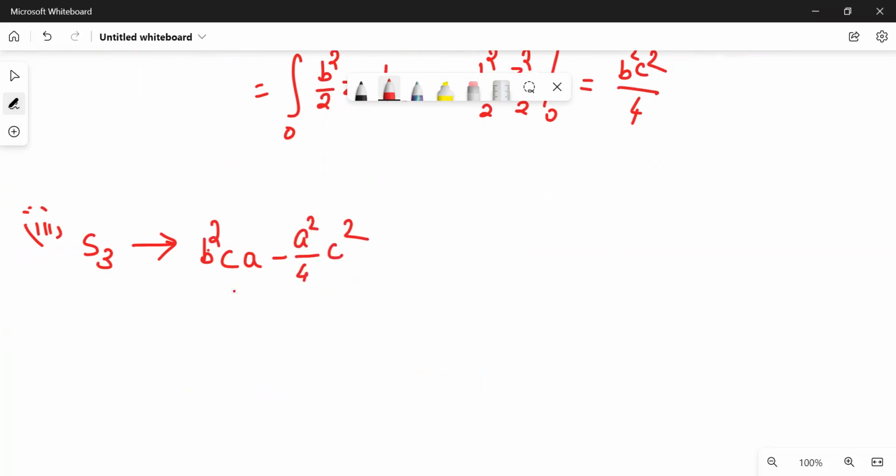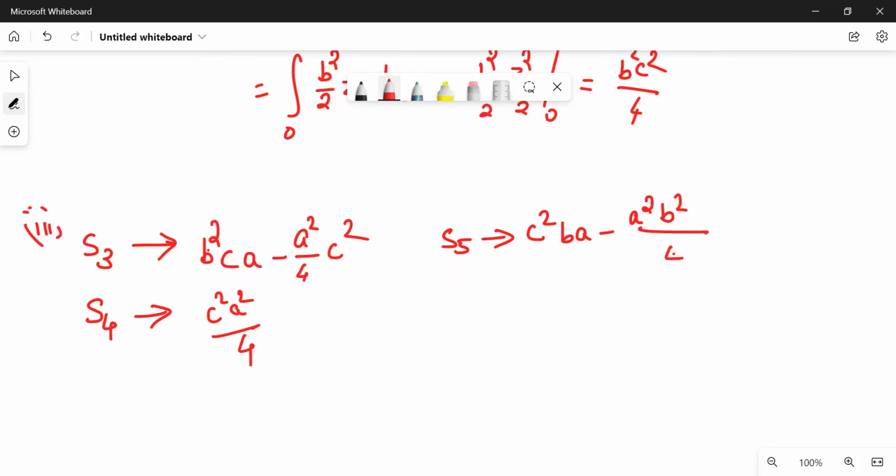For S4, it was b square c square by 4 before, so now it will be c square a square by 4. For surface S5, it will be c square ba minus a square b square by 4.